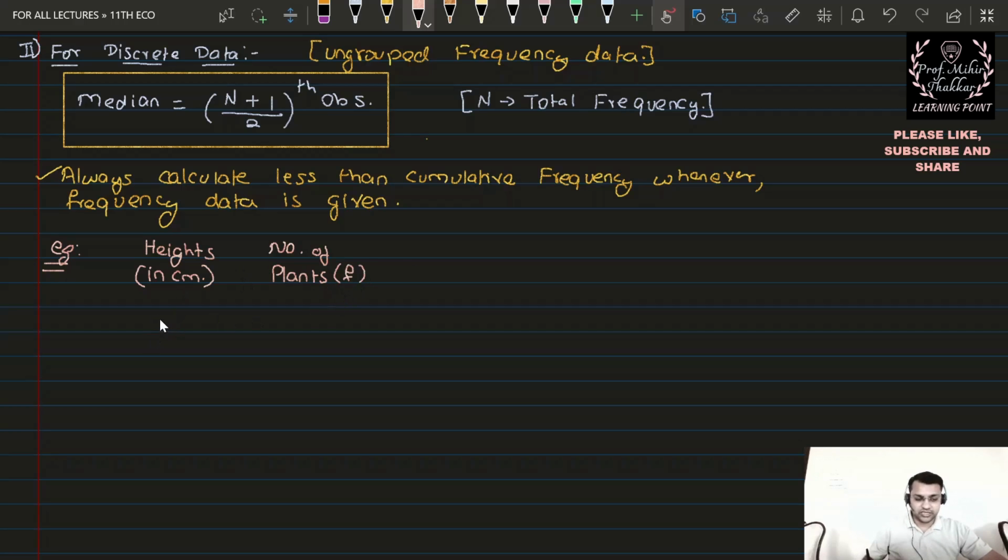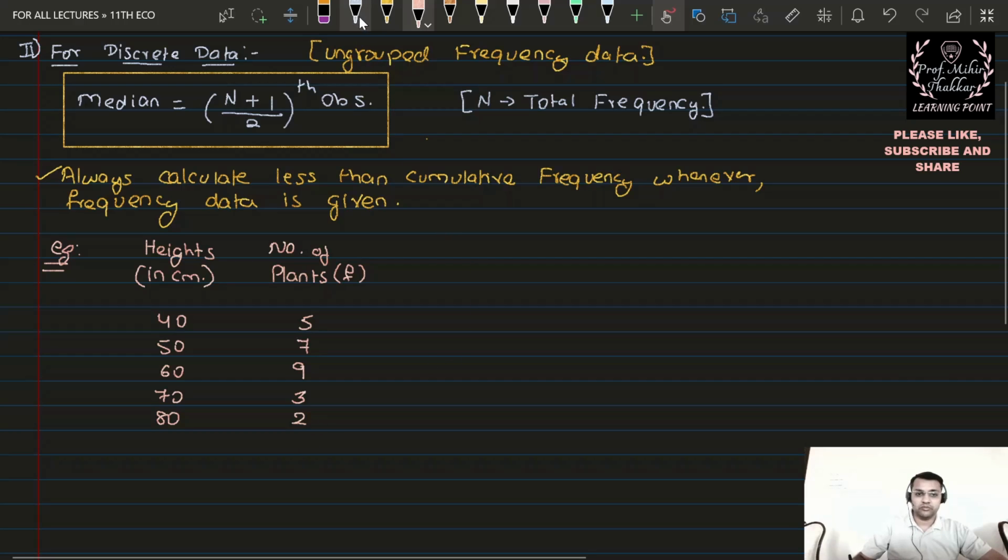So observations can be suppose 40 centimeters, 50 centimeters, 60, 70, 80. And the frequency values, suppose these are 5, 7, 9, 3, and 2.